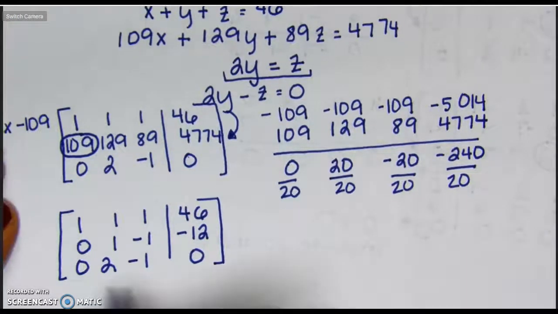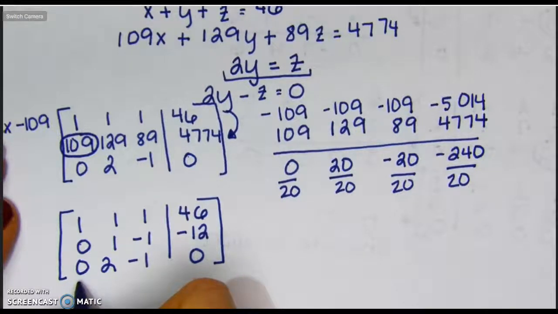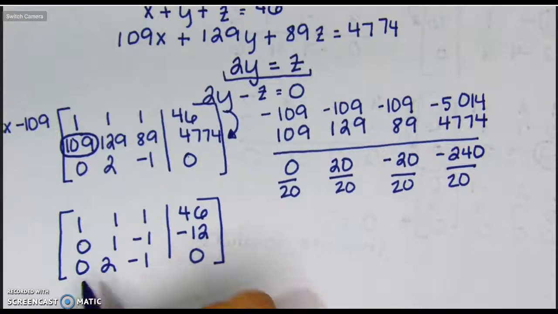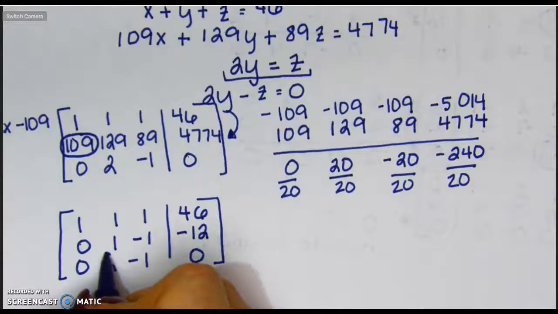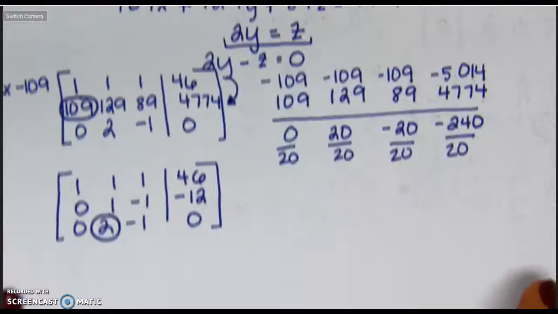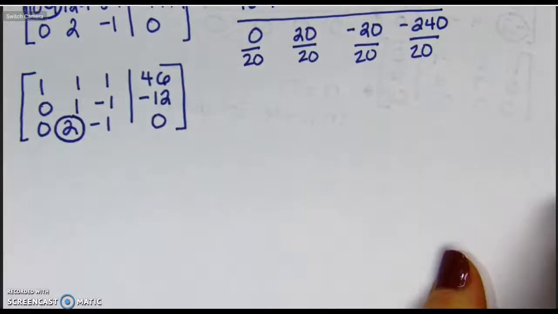I have my 0 in this location, so the next value I need to turn into a 0. But if I look ahead a little, maybe I want to try to get this one to a 0 first. Just to try something different.